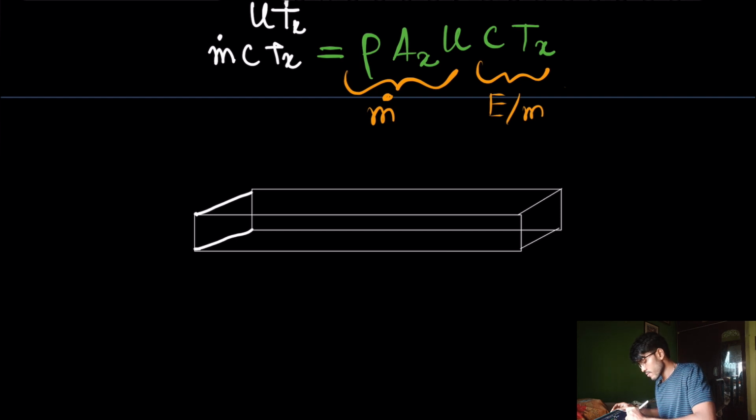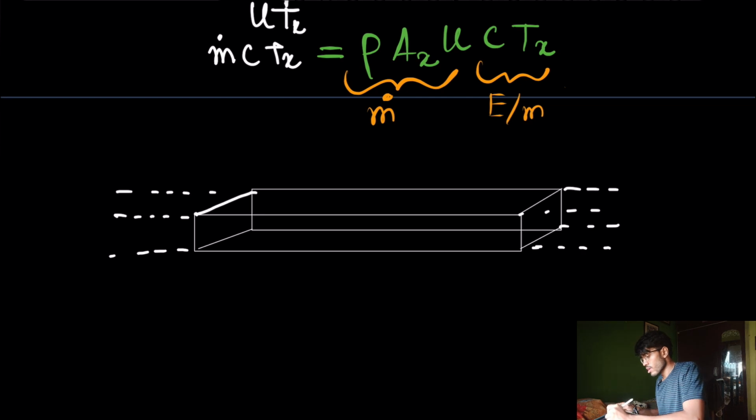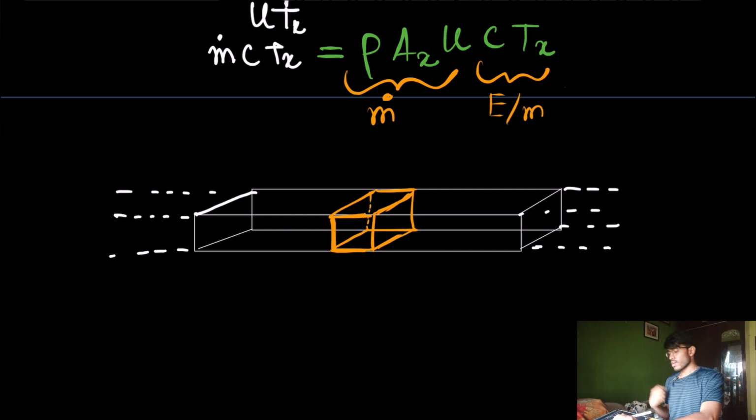So this is the sheet, and practically it is an infinite one. Now if this is my control volume, I am drawing it. Okay, this is my 3D control volume.